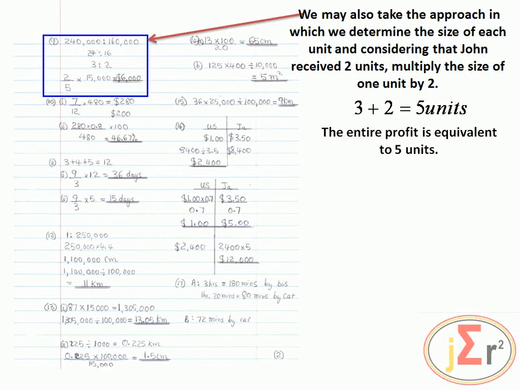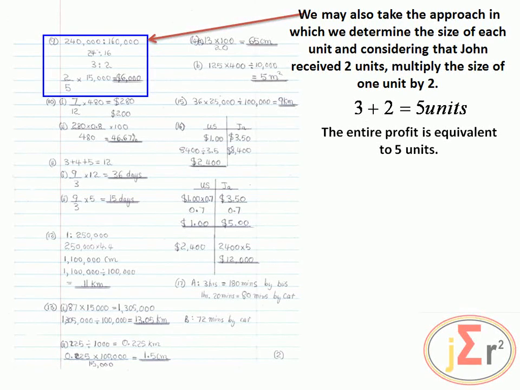And how did we arrive at those 5 units? We took the numbers in the ratio that we have here, 3 to 2. This one will get 3 shares, and this one will get 2 shares out of a total of 3 plus 2, out of a total of 5 units.